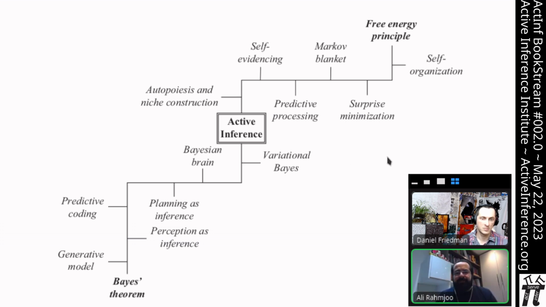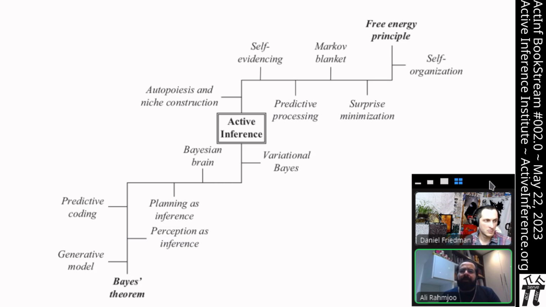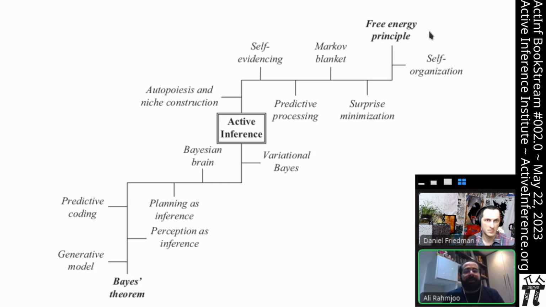So very briefly, the high road is a kind of top-down approach to active inference. It begins with the question: how should things act if they exist, in other words, if they persist through time? It sets the stage for developing the concept of Markov blankets, and with that, surprise minimization.